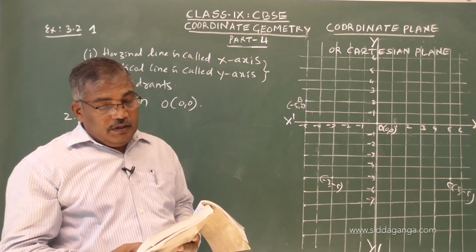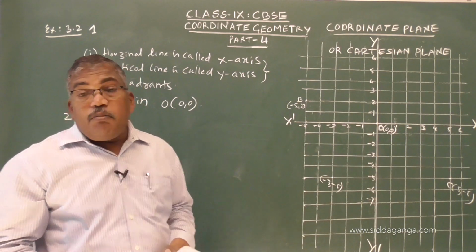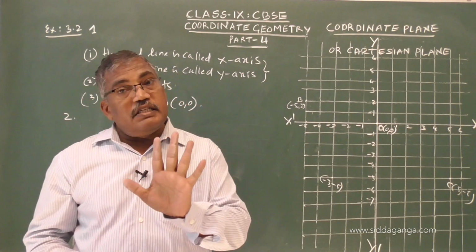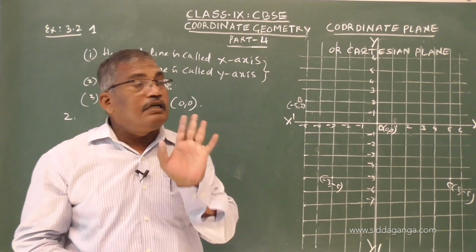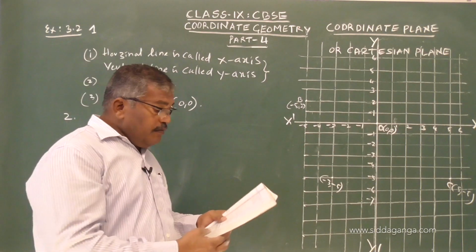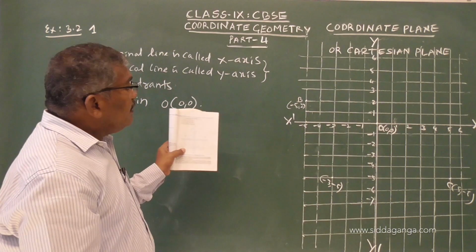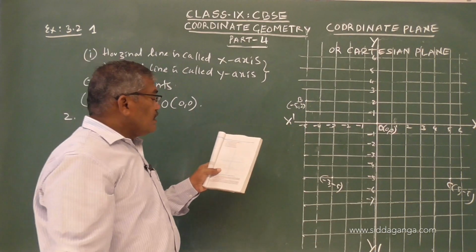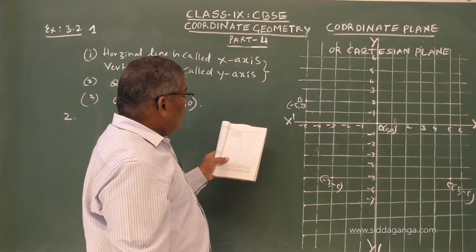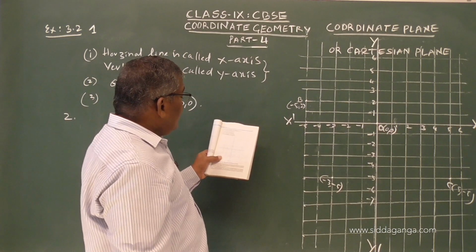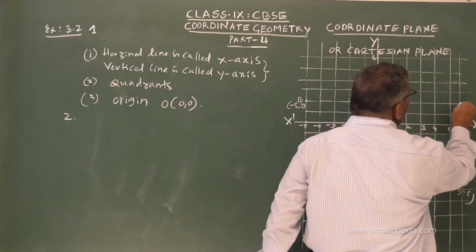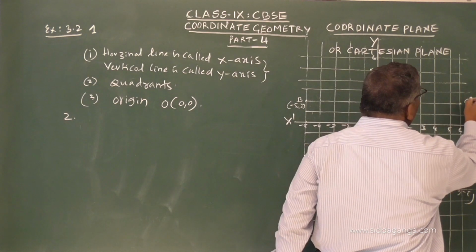Now, abscissa of point D. Remember, abscissa is the horizontal distance. He is asking for only the horizontal distance of point D. Point D is given in the sketch at 6, 2.